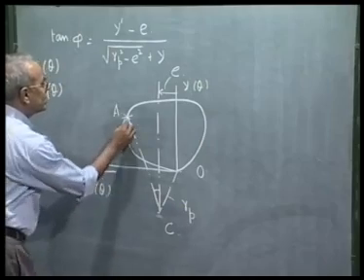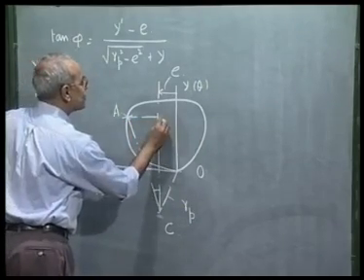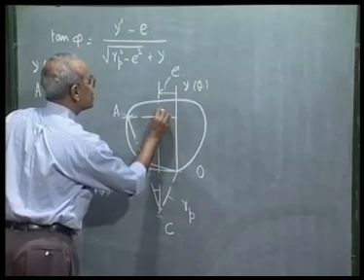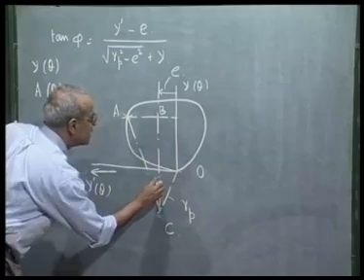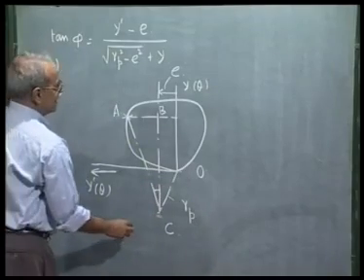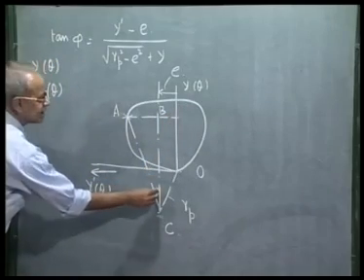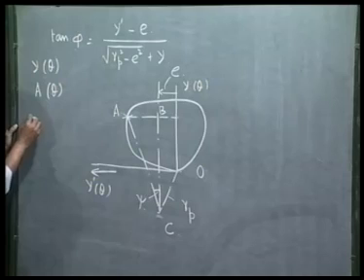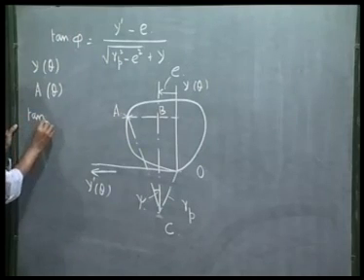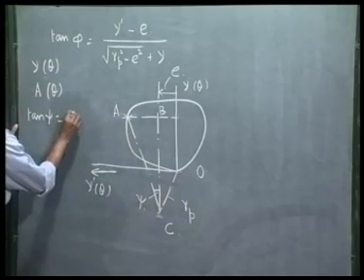How? If I drop a perpendicular, if I call this point B and this point, I need not say what is this angle. If I call it psi, then tan of psi is AB by BC.